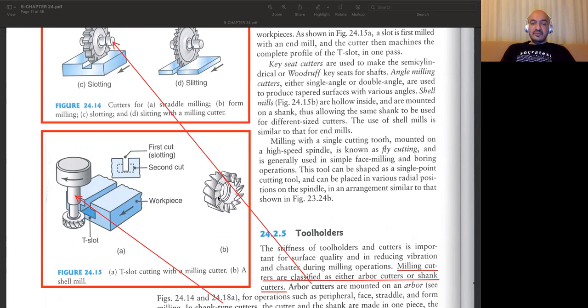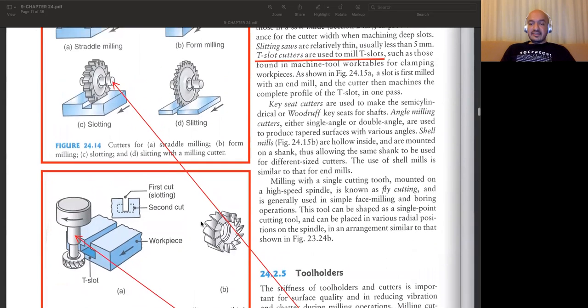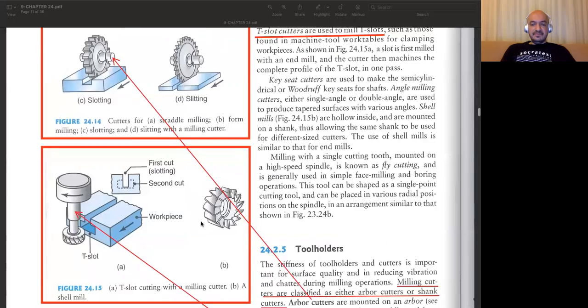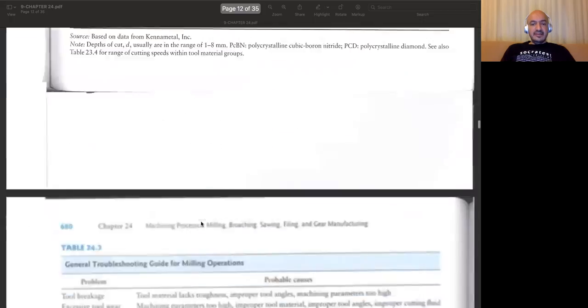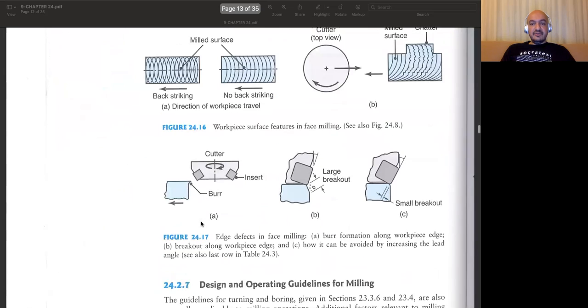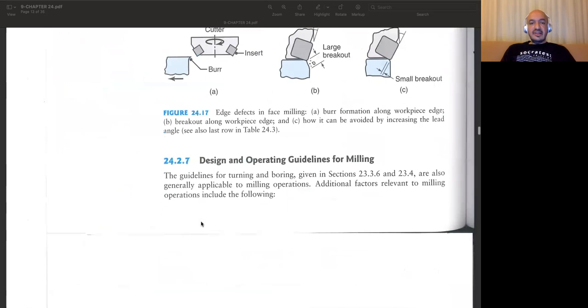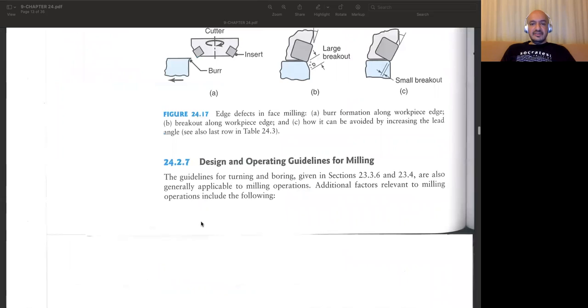It's removing material from the top side, bottom side, and also from the side surfaces, side edges. So its removal rate is a bit higher compared to other types of cutters. These are all I can say about the types of cutter holders.